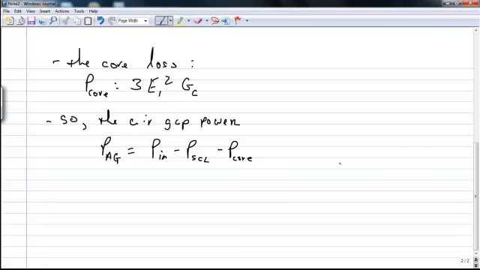Now, if you look at your equivalent circuit, you see now we're on the secondary side of the equivalent circuit. On the secondary side, the only element where this power can be consumed is the resistor with the value R2 over S. Once the power is on the secondary side, we have an inductor, which isn't going to consume any power, and we have a resistor. That's the only place where the power can be consumed.